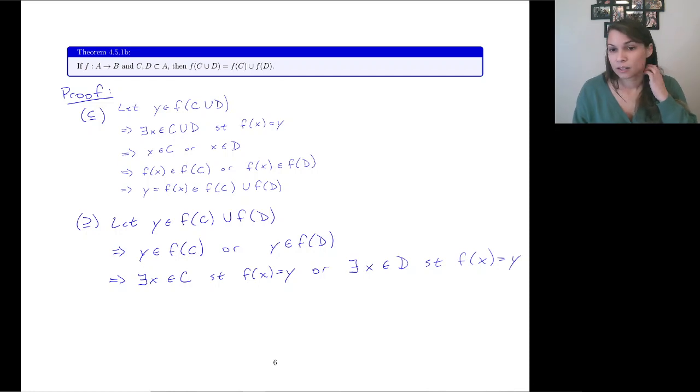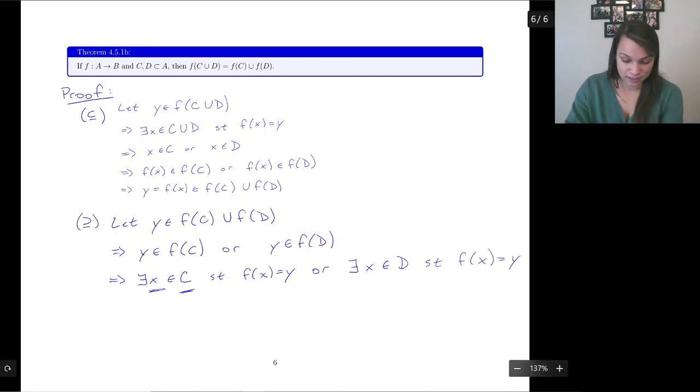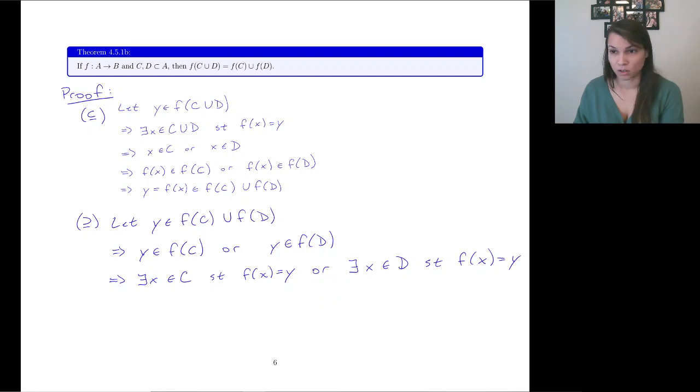Okay, so I said there is an x, it is in C or it's in D, and it's going to be equal to y. And I use the same x because we have an or statement. If that was an and, this wouldn't work, because there's nothing guaranteeing that x could be in C and in D. It might be two different elements.